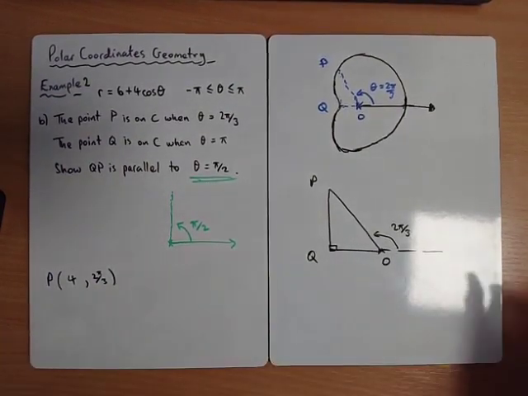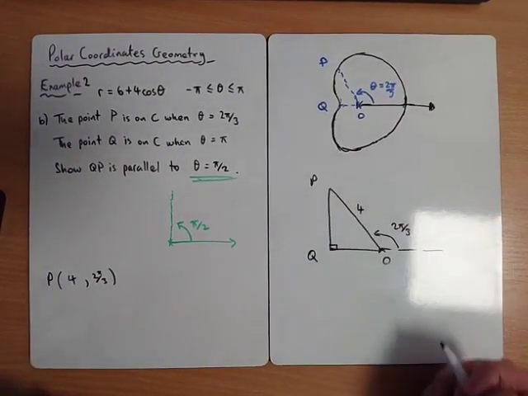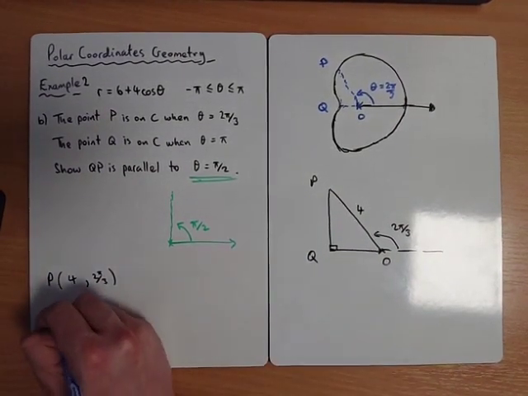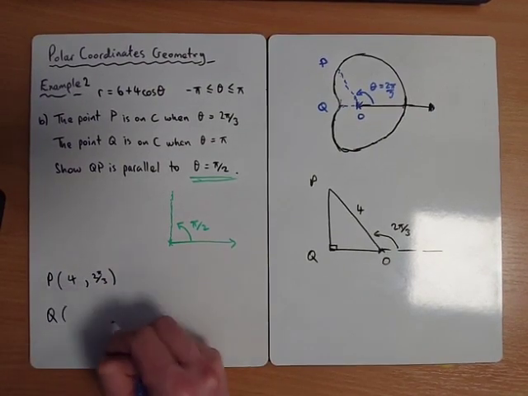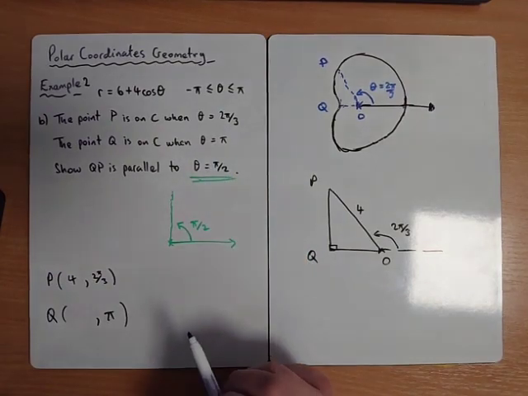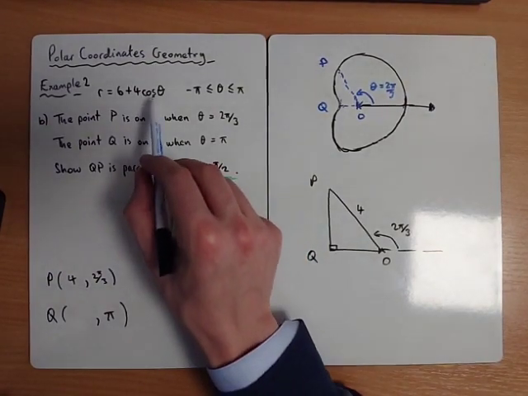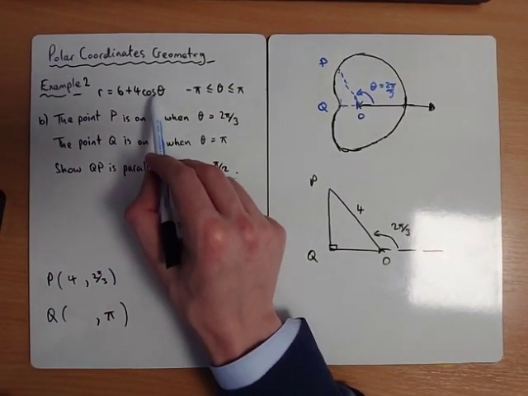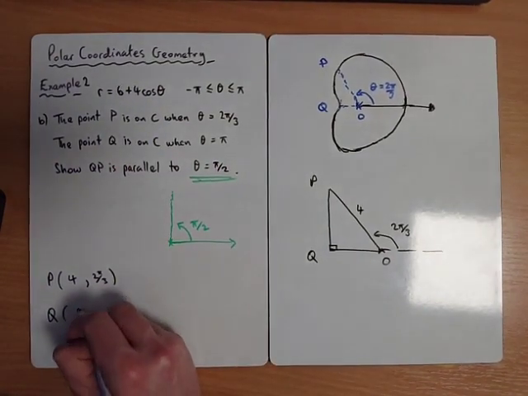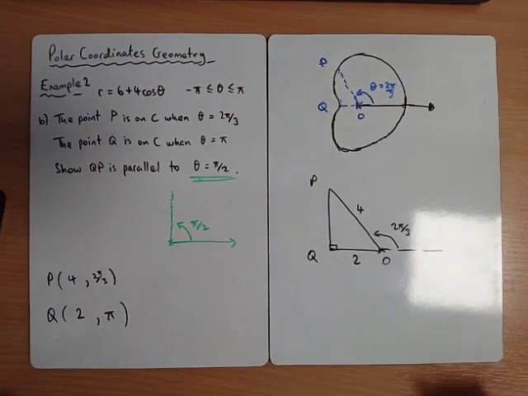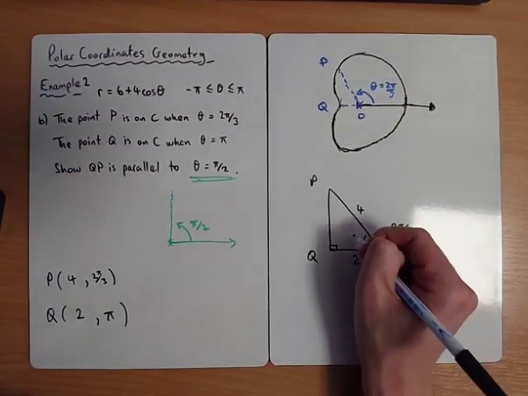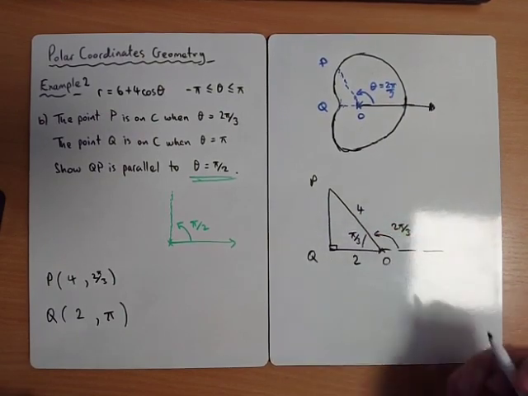So we know this distance here is 4. If you think about Q, the coordinate for Q in polar form, when the angle's pi, cos of pi is minus 1. So that would be 6 plus 4 times minus 1, which would be 2. So this distance here would be 2. We also know that angle there would be pi over 3.